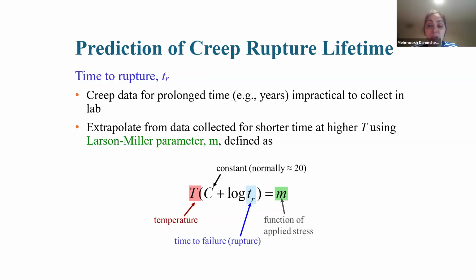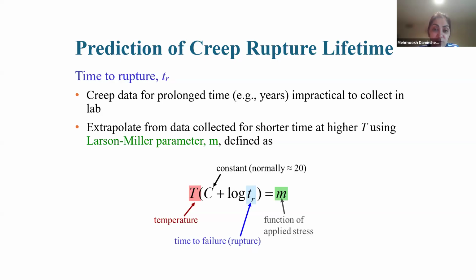The most common method uses the Larson-Miller parameter, M, which relates temperature, time to rupture, and applied stress. Here T is the temperature, C is a constant, normally considered to be 20, log of T_R is the rupture time, and M is a function of applied stress.